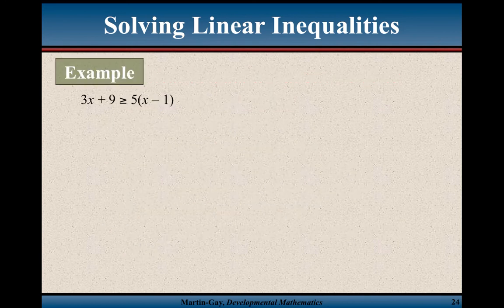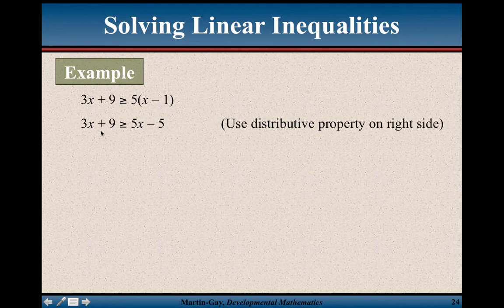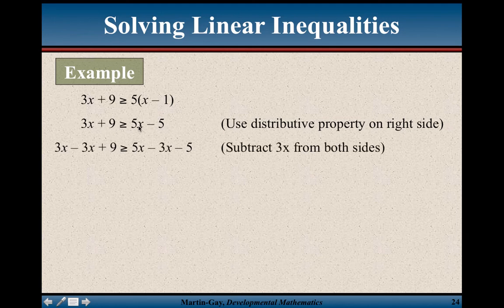Now let's have an example. Like this one, let's greater than or equal. Again, multiply mo muna yan. Distribute 5x and negative 5. And then after that, add both sides, or maybe unahin natin yung 3x, no?